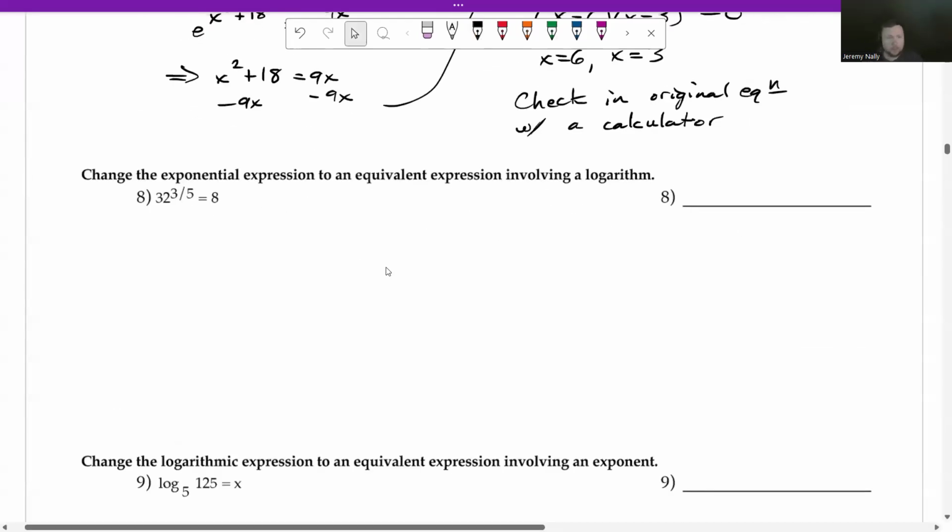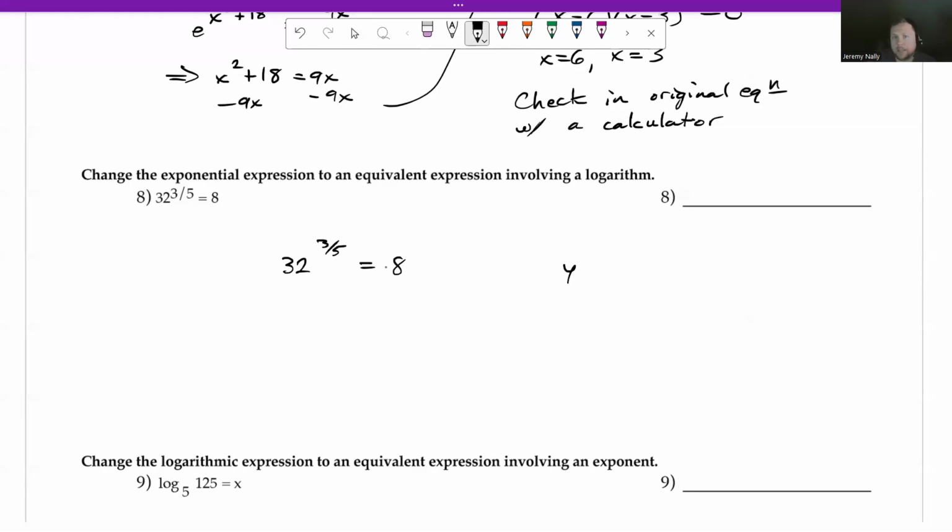Okay. Number 8. Change the exponential expression to an equivalent expression involving a logarithm. So I have 32 to the 3/5 is equal to 8. Now, what we had, and I guess I'm going to write my y's slightly fancier now: y equals log base a of x if and only if x is equal to a to the y.